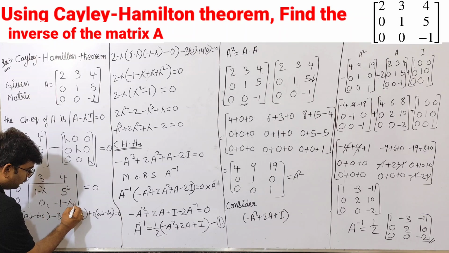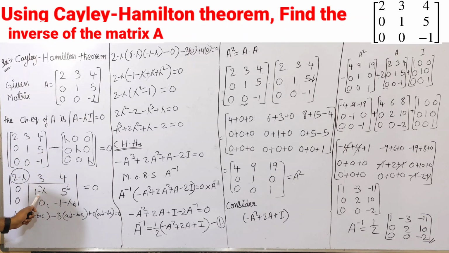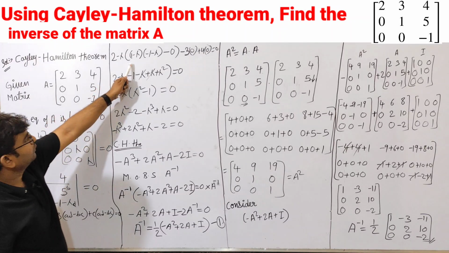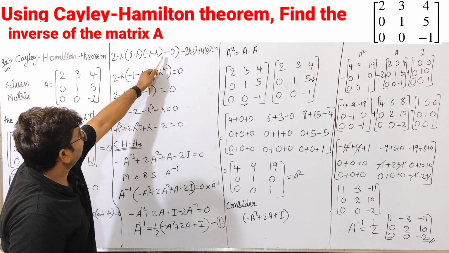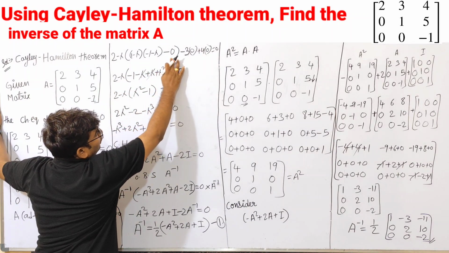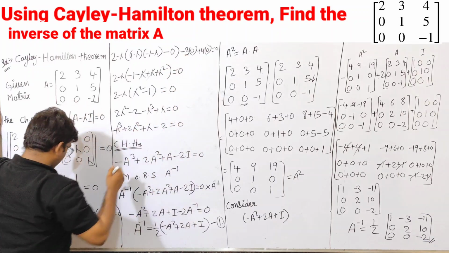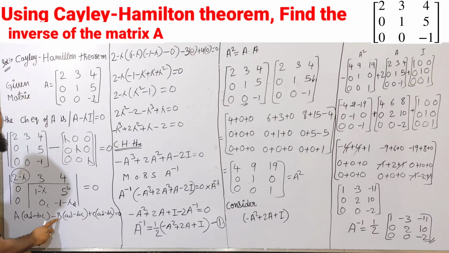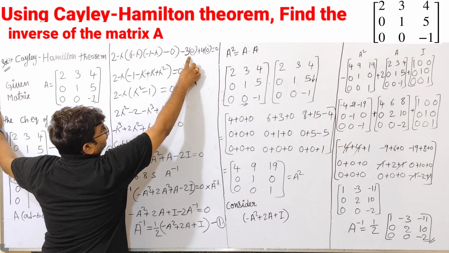AD: 1 minus lambda into minus 1 minus lambda, and minus BC: 5 into 0, 0. Again minus, because minus, what is B? B is 3, I have taken here 3.